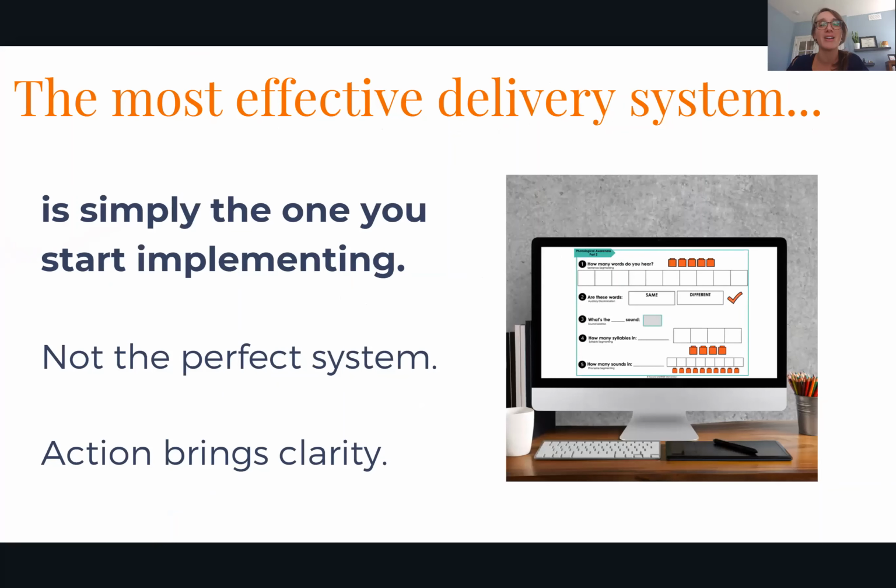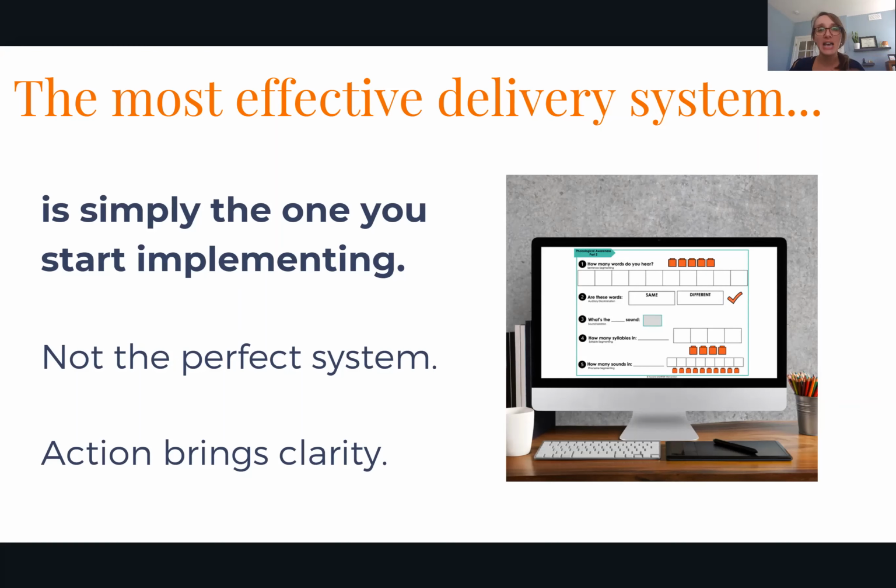What we want to be clear about is that the most effective delivery system is simply the one that you start implementing right now. It's not the perfect system. It's not the complex system. It's not the most beautiful system. Action is going to bring clarity, but you have to start. One of the things we always say in our office is that if you want to impress people, make it complicated. If you want to help people, make it easy.